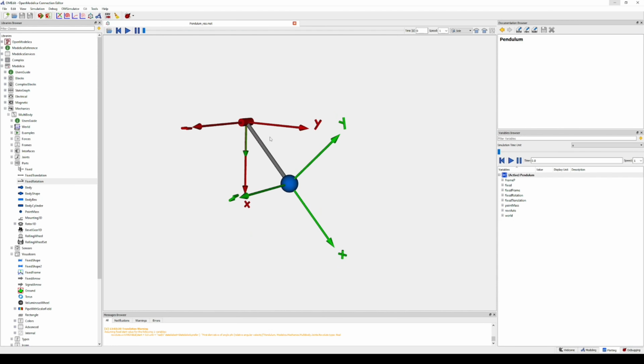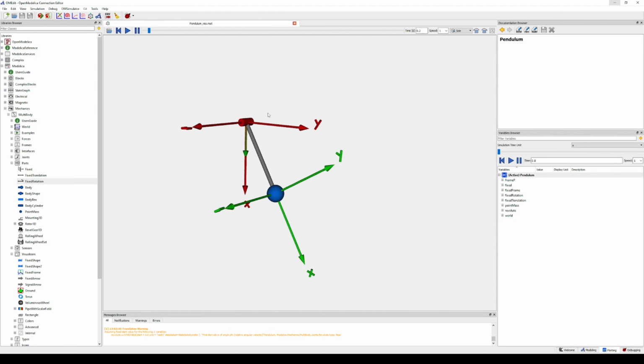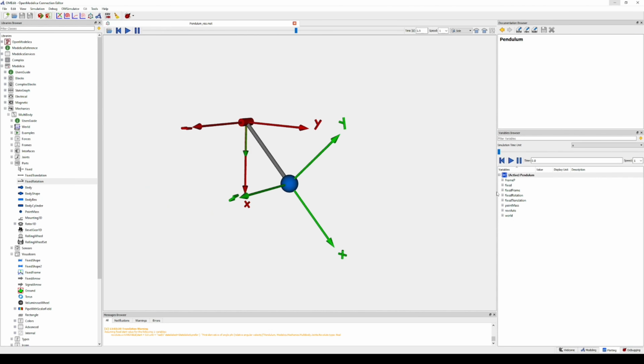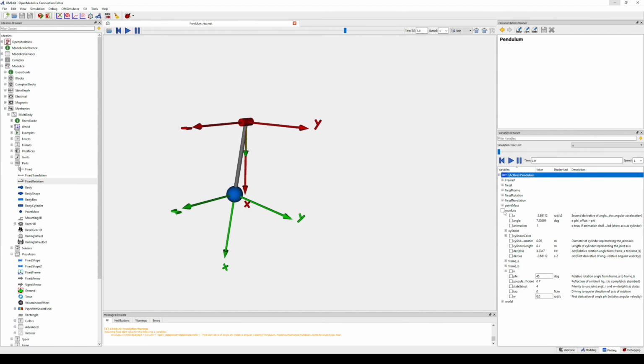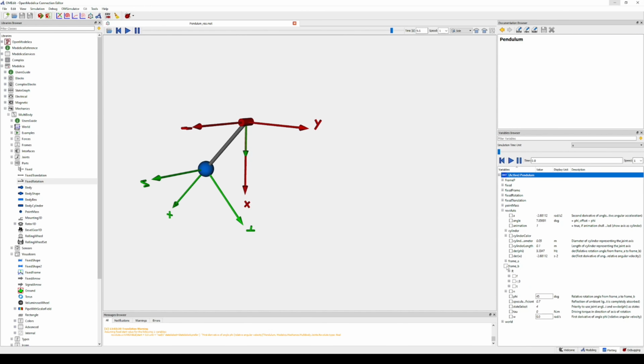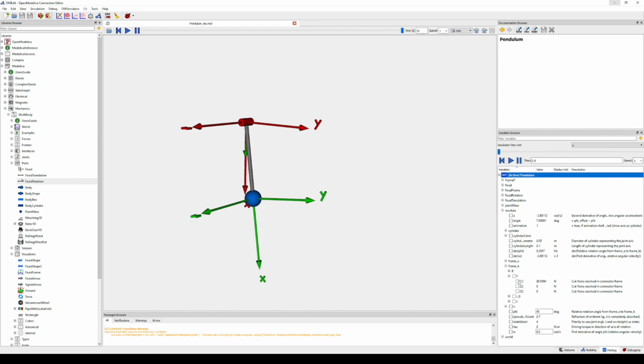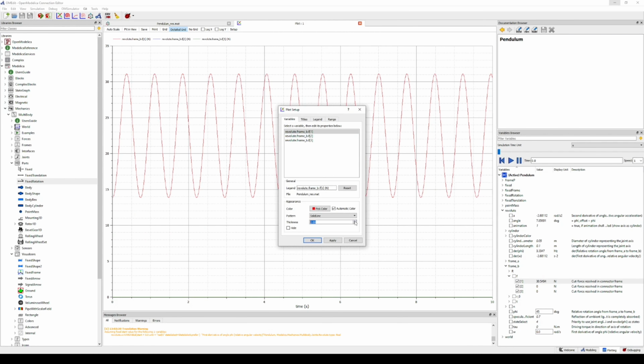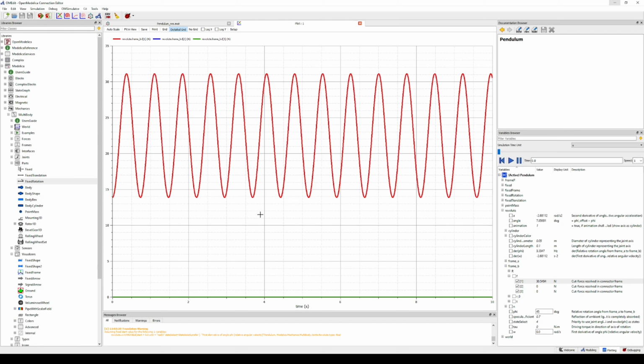And if we run it, we'll see it's just a pendulum going back and forth. Great. And if we look at the forces, we can go over to the Revolute, frame B, forces, plot these guys. Let me make the lines a little thicker so you can see them. And there you go.